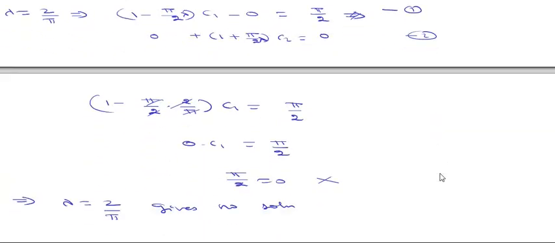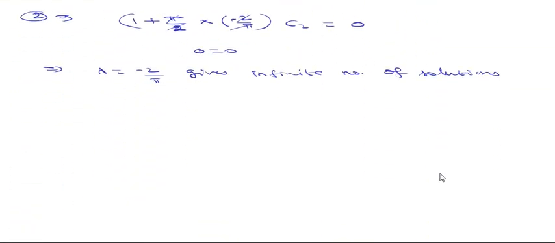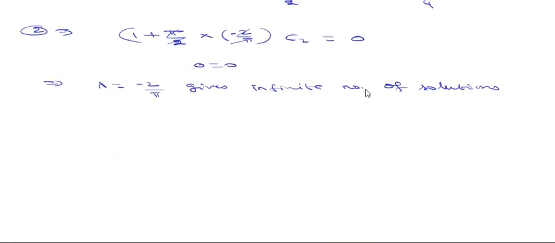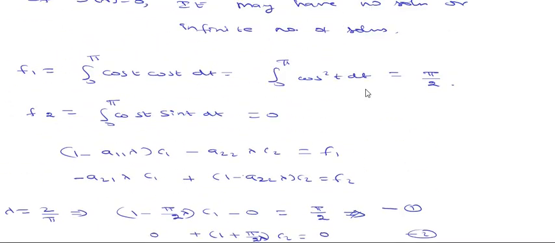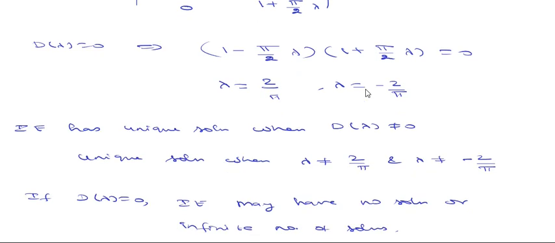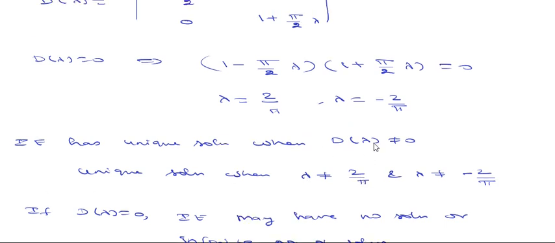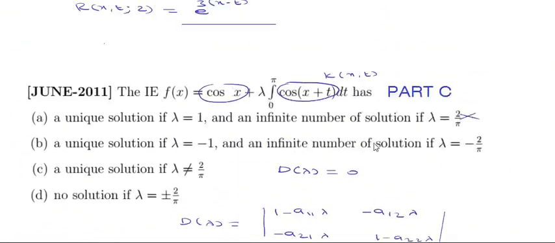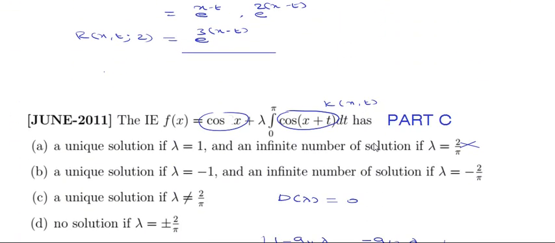Lambda equal to minus 2 by pi gives infinite number of solutions, and unique solution when d of lambda is not equal to 0. When lambda is equal to 1, 1 is not equal to 2 by pi, so this gives a unique solution. Both lambda equal to minus 1 and lambda equal to 1 give a unique solution, so this is correct.